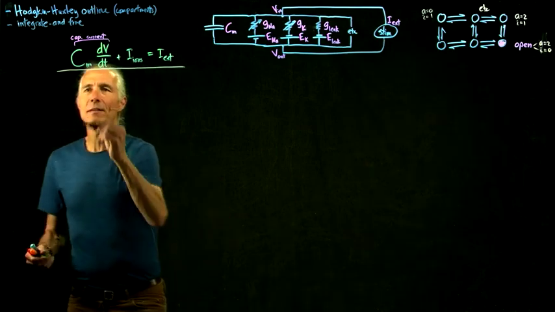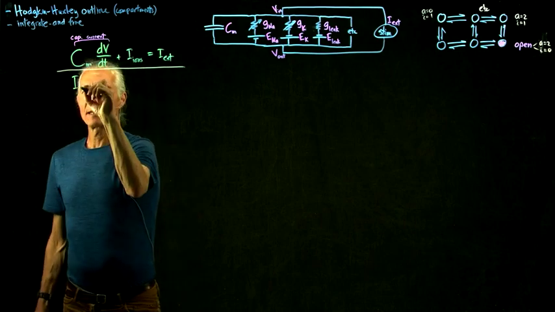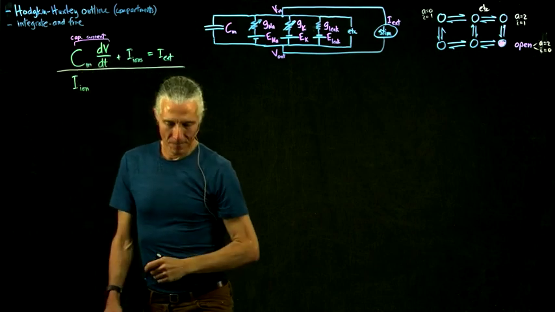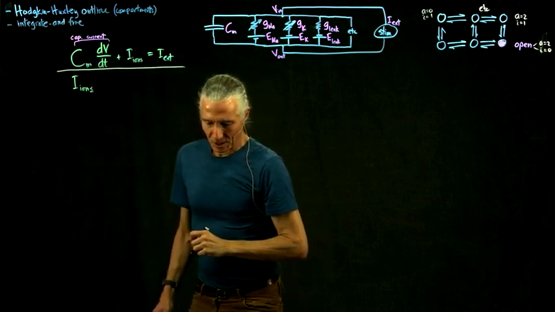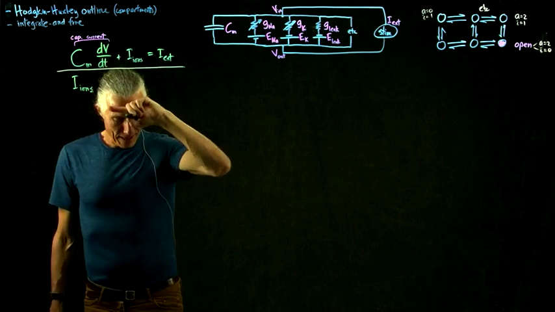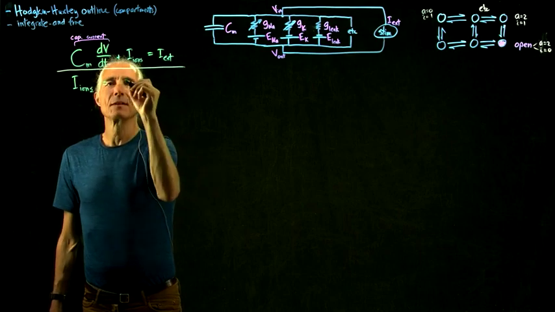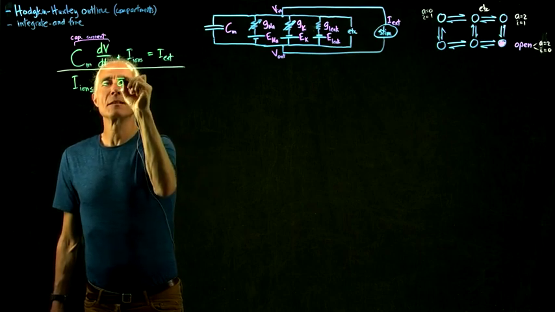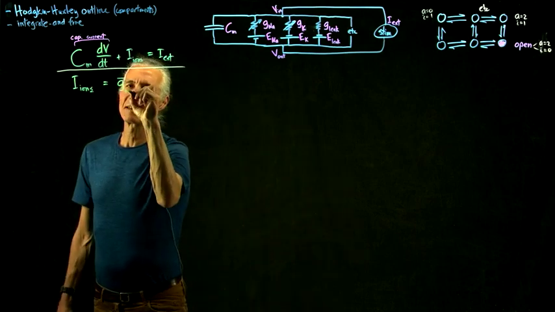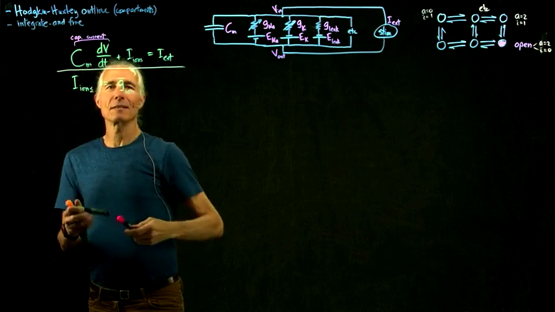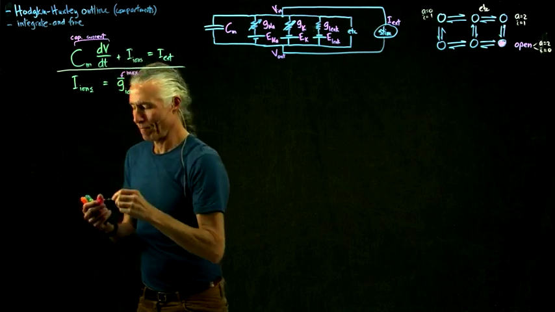And so the ionic current, so this is a particular ion. So we'll say ionic current for all the ions, but let's just take one ion at a time. And so now we're just writing out Ohm's law. So this is a G with a bar on top of it, which we're going to take to mean max for a particular ion. So it's the maximum conductance of the channel.